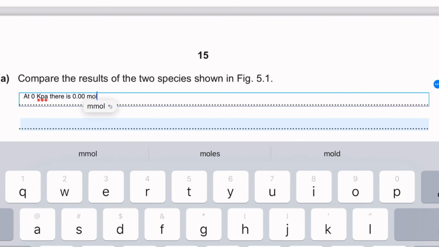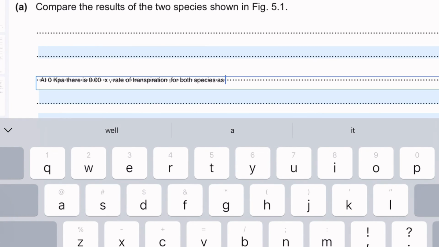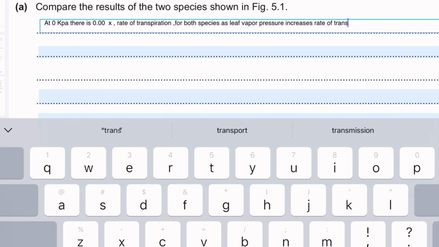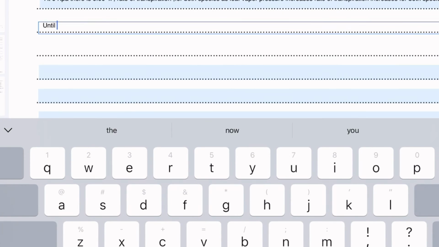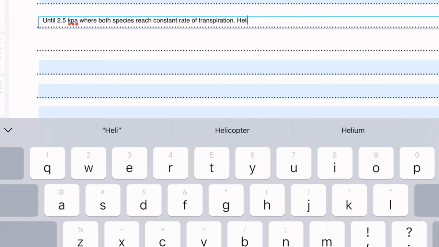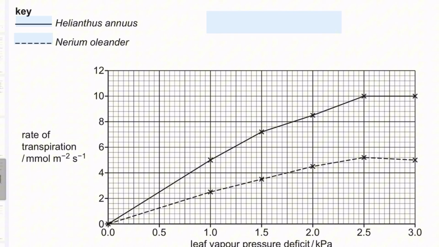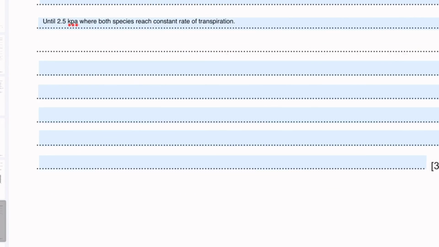Okay, you could write down the unit yourself because it's a really huge unit, so I'm just gonna write X for the unit. I will just call species 1 and species 2, however you have to write the names. So basically this one, Helianthus, is going to be species 1, and then Nerium would be species 2. So species 1.